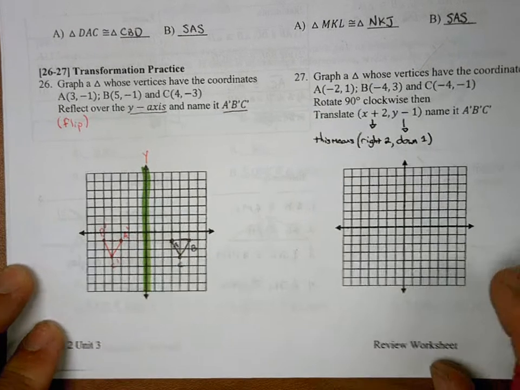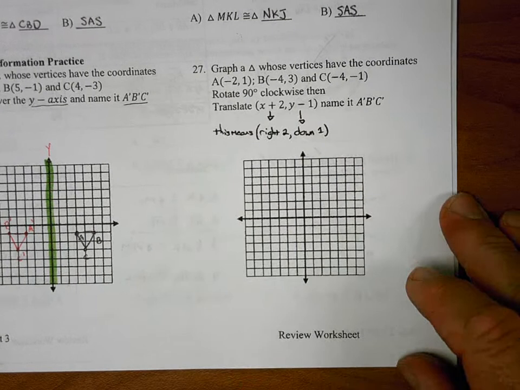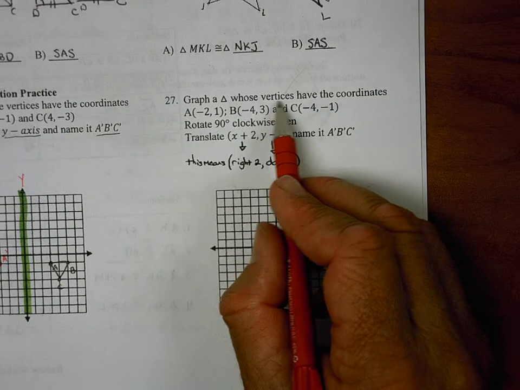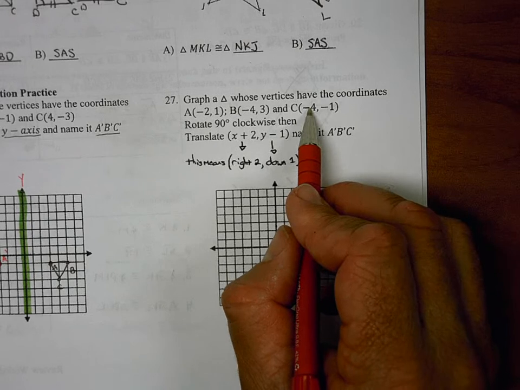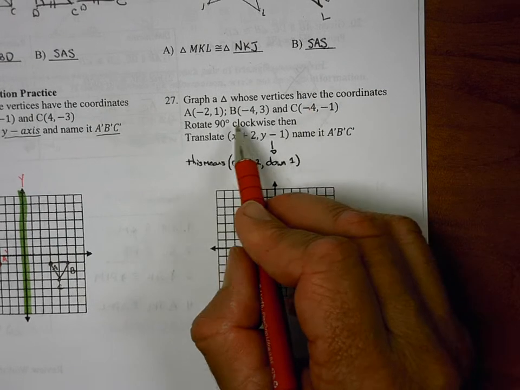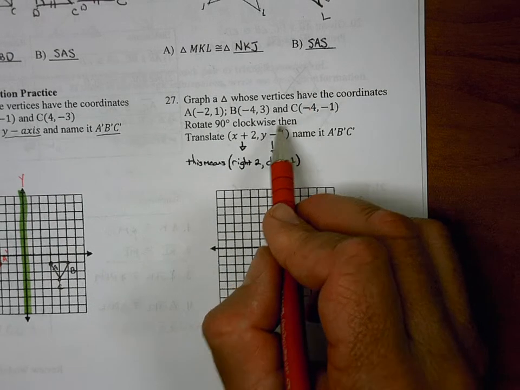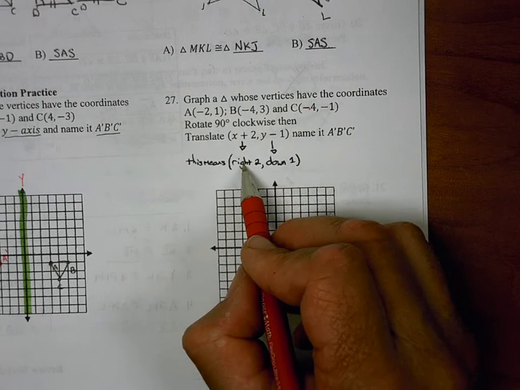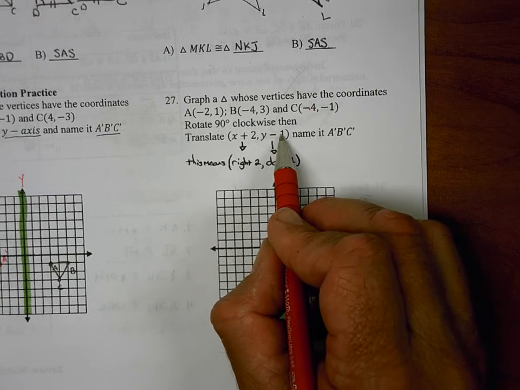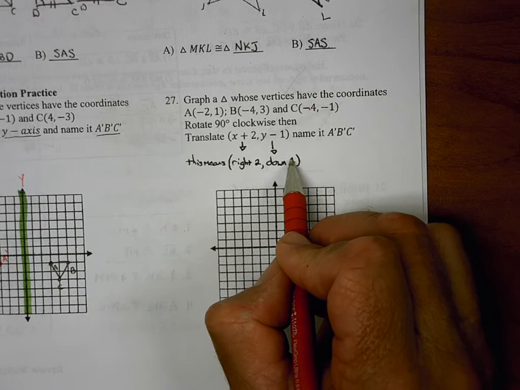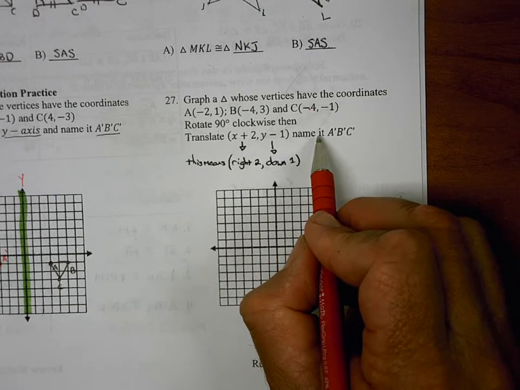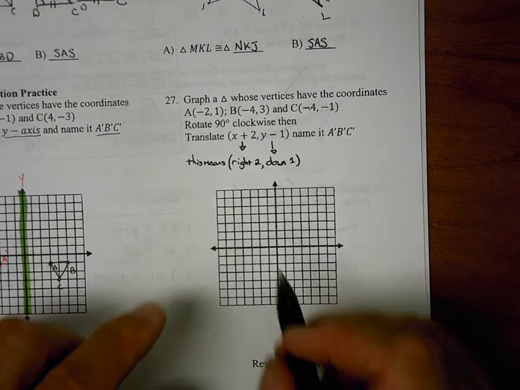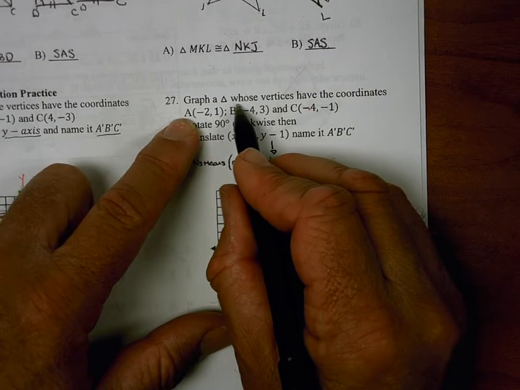Okay? Number 27. Now in 27, we're going to graph a triangle whose vertices have these following coordinates. Then we're going to rotate it 90 degrees clockwise. Then we're going to translate it x plus 2, which means right 2, y minus 1, which means down 1. Okay, and then we're going to name it triangle A prime, B prime, C prime. Okay, so the first thing I'm going to do is plot these points and connect them to make a triangle.